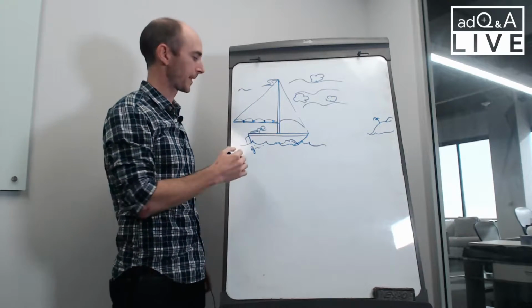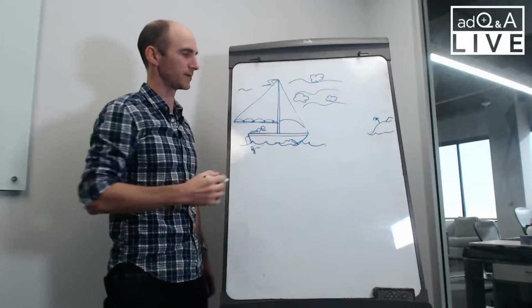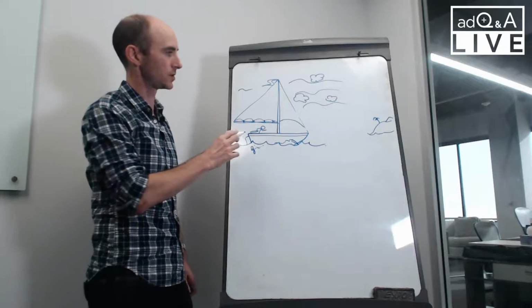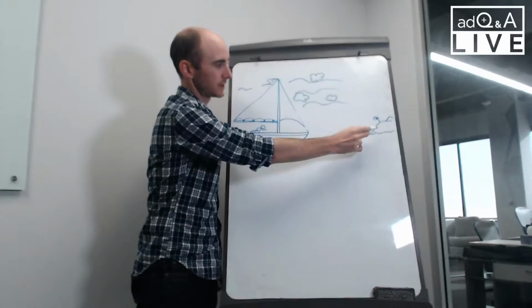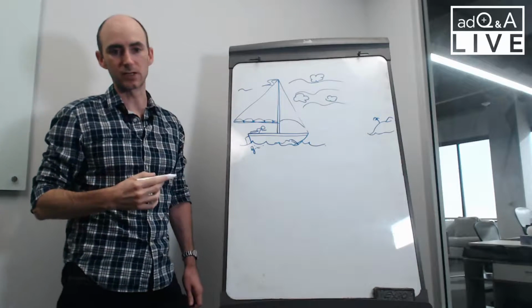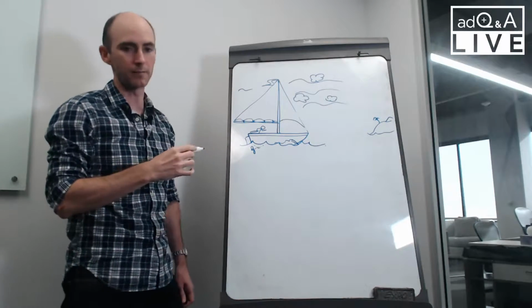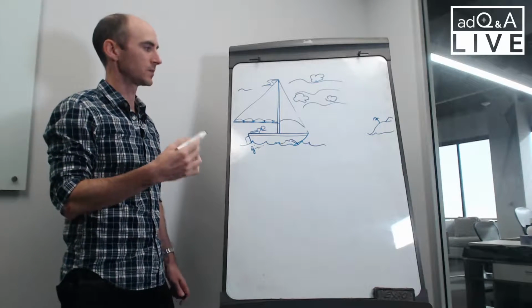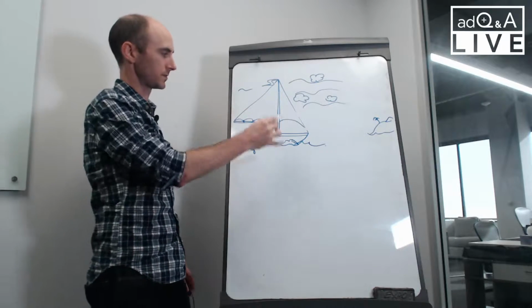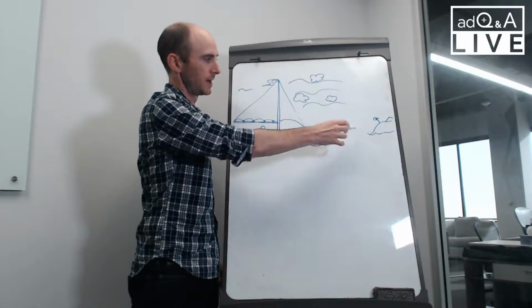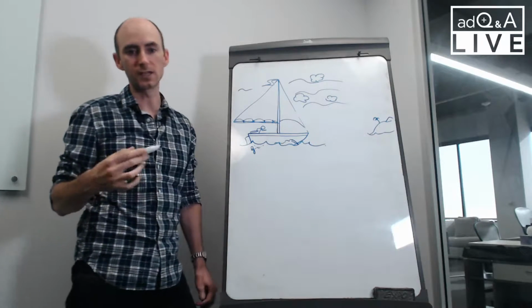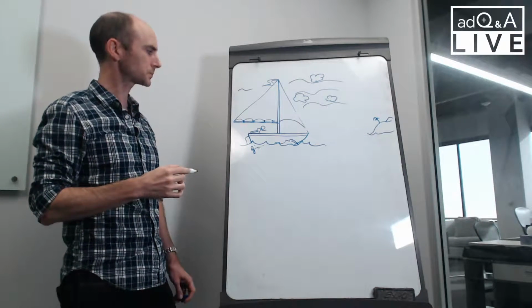So you've got this motor and a little bit of fuel, but ultimately your objective is to get to this island as quickly as you can with the least expenditure of fuel. This will make more sense as I talk about what all these things represent, but just to restate, you, the sailboat, want to get to this island as quickly as you can using as little fuel as possible.